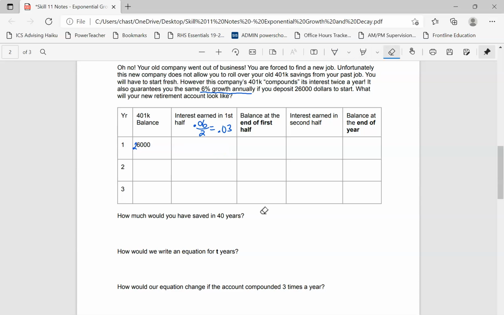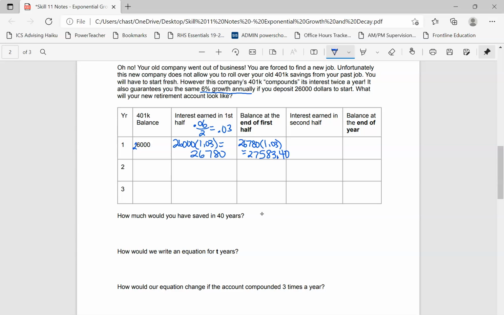I'm running low on room here, sorry, I'm cutting right to the chase. So the balance would be $26,780. Then we take 26,780 and multiply that by 1.03, which gives us $27,583.40.